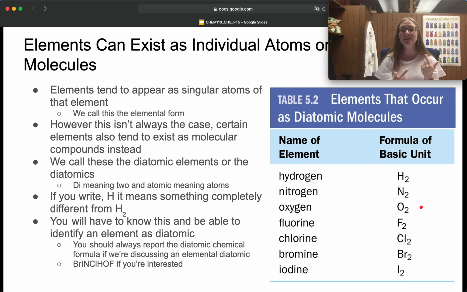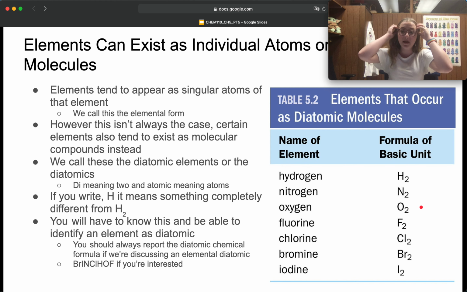So instead of just one hydrogen atom hanging out, when you point at the periodic table and you say hydrogen, you're actually talking about H2, okay? Diatomic, di meaning two, atomic meaning atoms. So we have two atoms here. Hydrogen is a diatomic. So if we're talking about that elemental form, that pure form of hydrogen as it exists, we're actually talking about H2.